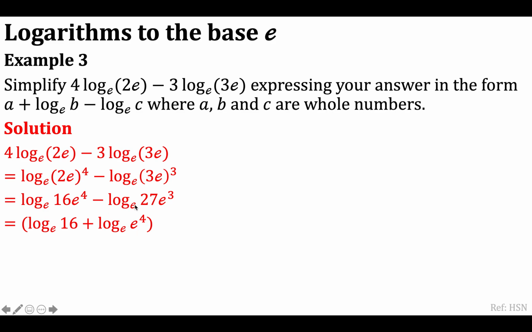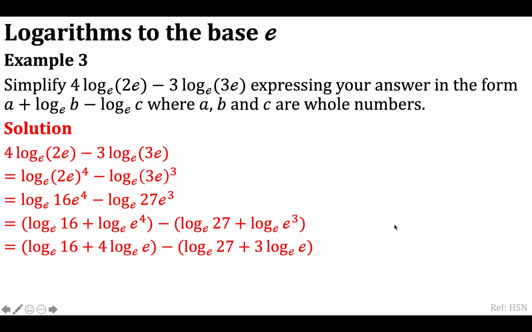Now this is similar to what's happened here. This will become the sum of terms. Okay, so that will be log to the base e of 27 plus log to the base e of e cubed. Okay, but we're actually subtracting all of that. So it's very important here that you ensure that you've used your brackets so that this second term obviously will end up becoming negative in a second.